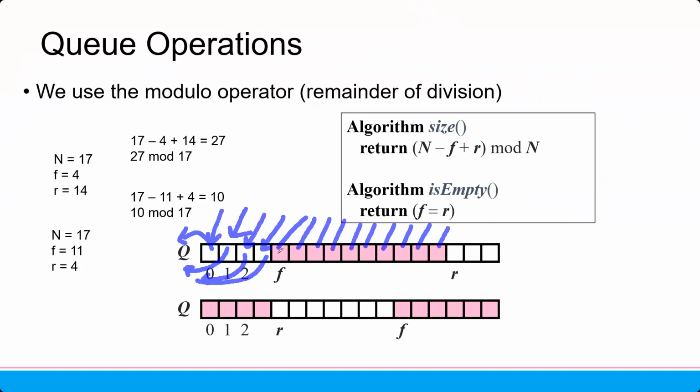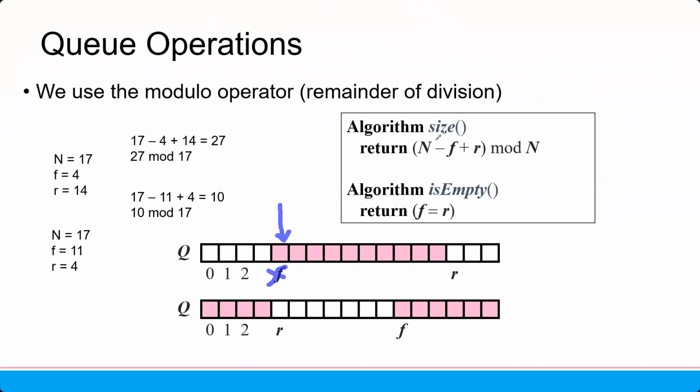So now the elements in the queue are in the pink area. The front is here. Whenever we want to remove an element, we will start from the front. And the rear means the last element.